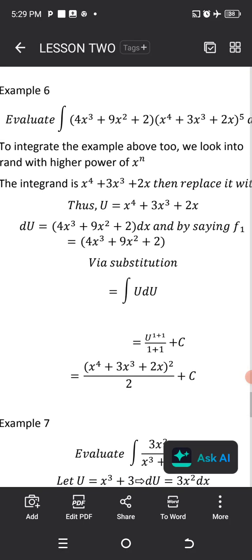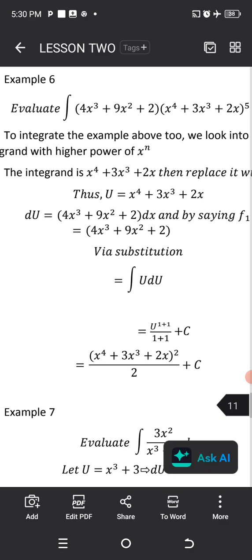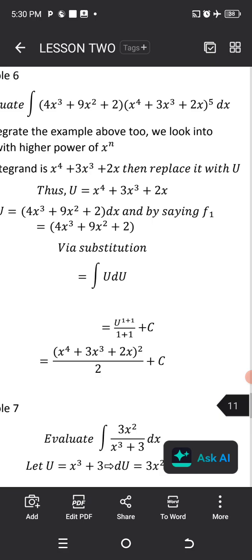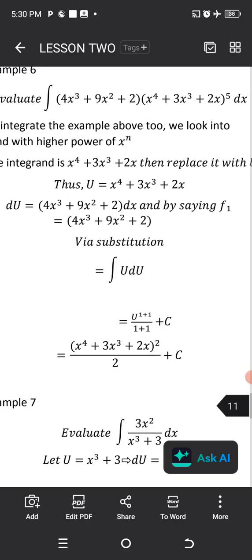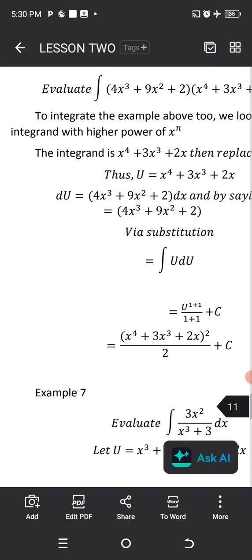So via substitution we have u du. So why is it u du? You can see that via differentiation, your du is equal to 4s cube plus 9s raised to power 2 plus 2, which will eventually be du all over 4x raised to power 3 plus 9x squared plus 2 equals dx.